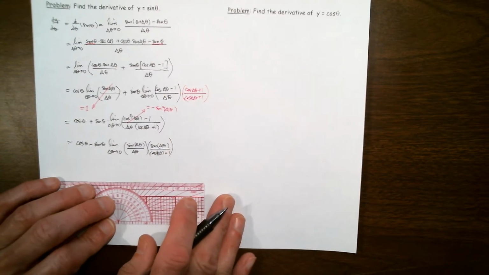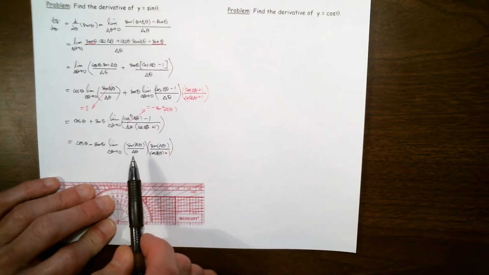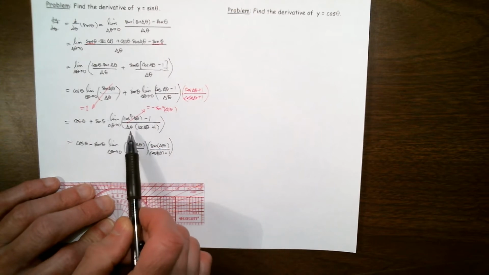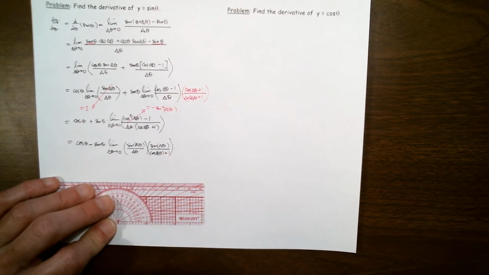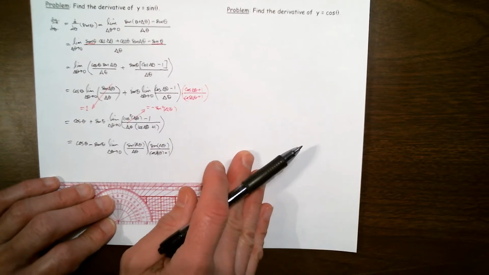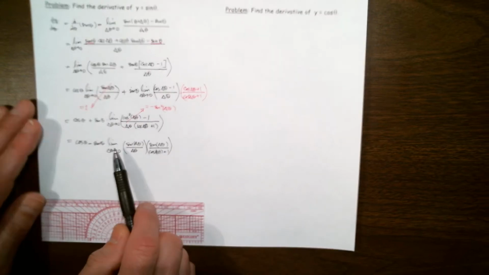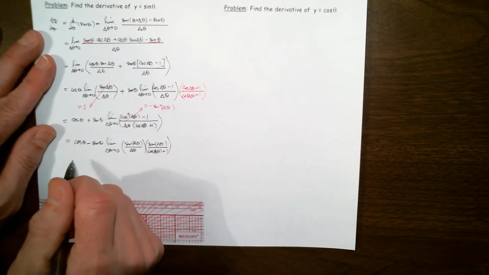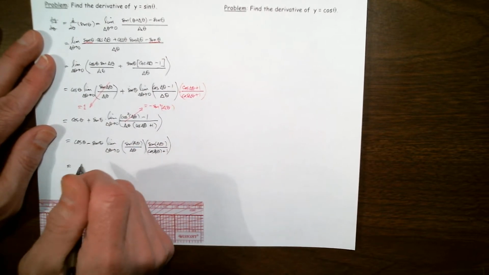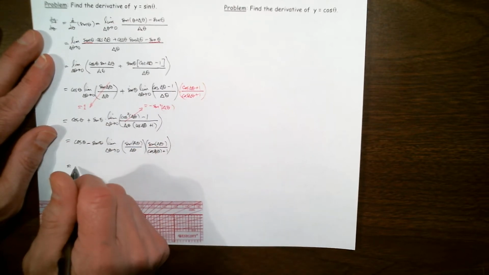All I did was rewrite the sine squared as sine times sine, and then split up the product in the denominator. The reason for doing that is that now I have a limit of a product to evaluate, which I know is the product of the limits, provided that both limits exist. And both of these limits are, in fact, easy to evaluate.